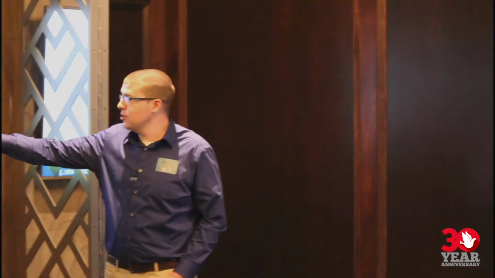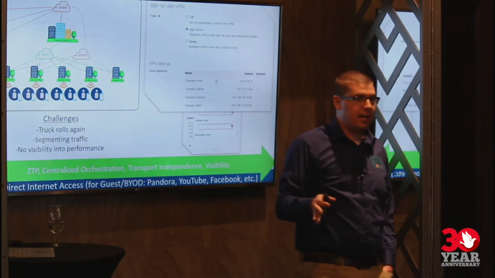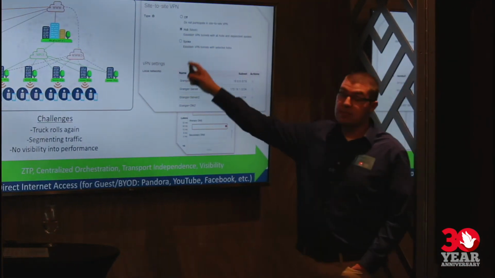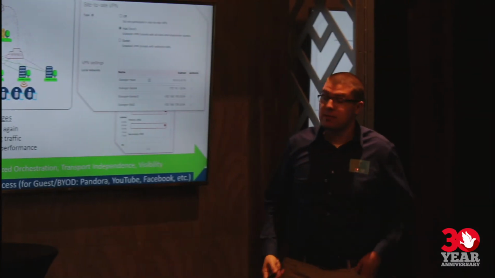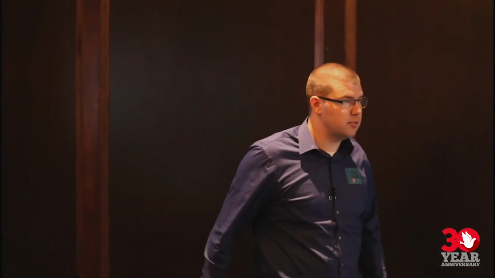I talked about keeping it simple. Now we've got to build VPN tunnels between all these locations. That's a hassle, right? Well, this is a snapshot of the Meraki page. They have site-to-site VPN. You can be off, you can be a hub, or you can be a spoke. Check the box, and it builds the VPN tunnels for you. Then you can come in and say what networks you want to share or don't share across the VPN tunnel.